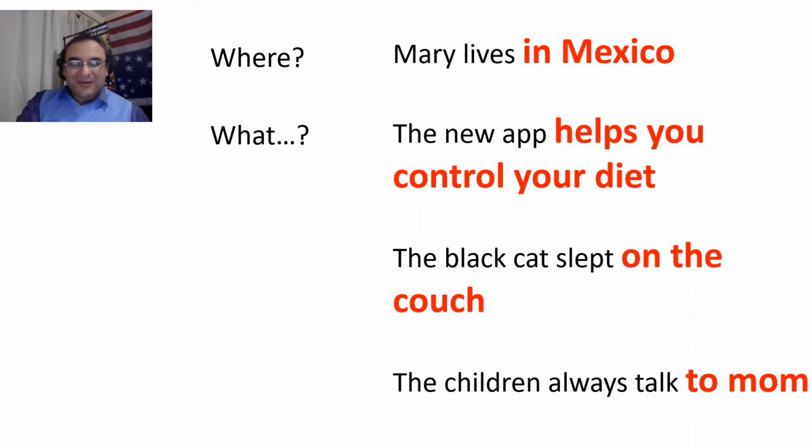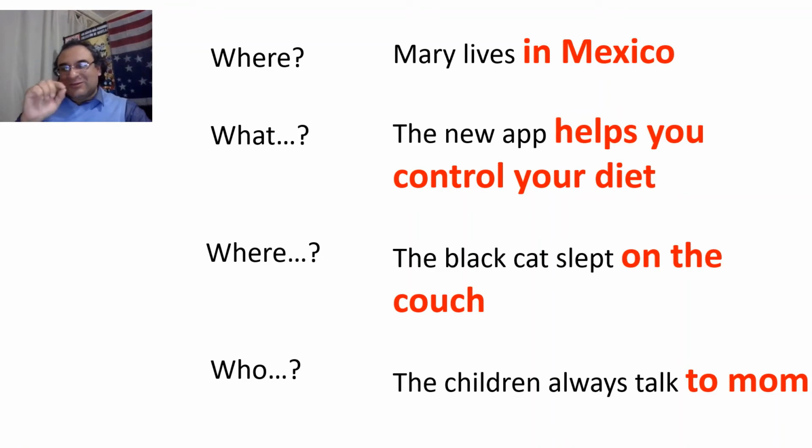What? Look at the next one. On the couch, on the sofa. What is the question that you need? Where? And look at the last one. What is the question that you need? Who?